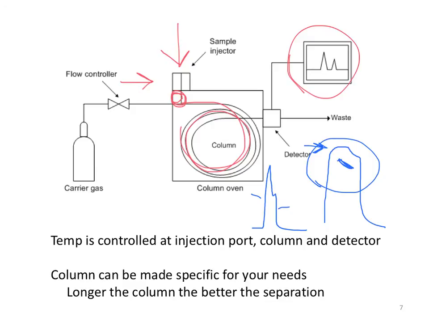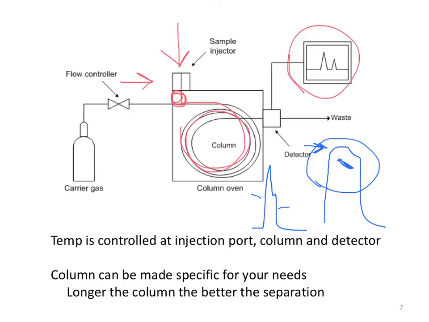But with a longer column, of course, the separation would be a little bit better. Or you can simply reduce the sample size and you would still be able to see the separation on your column.